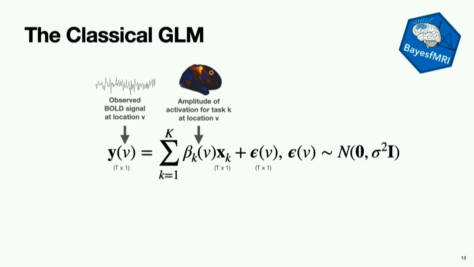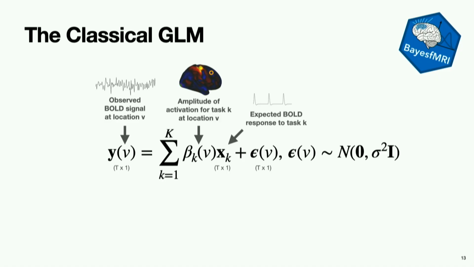Okay, and what I want to estimate is the amplitude of activation for each of a series of tasks at every location. So beta k is the activation due to task k or stimulus k. And then X here is the expected BOLD response, that's my design matrix. Just for simplicity of exposition, I'm excluding a lot of nuances here, right?